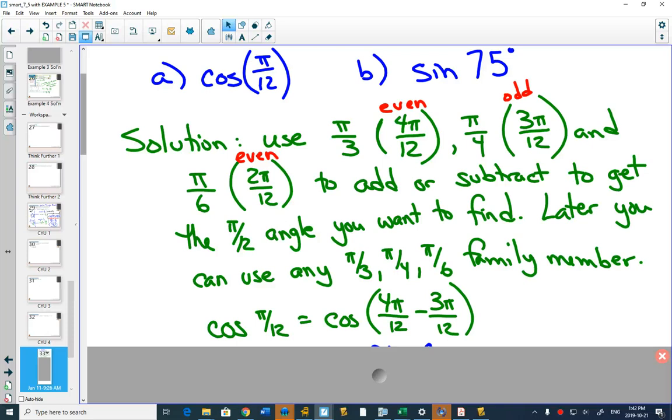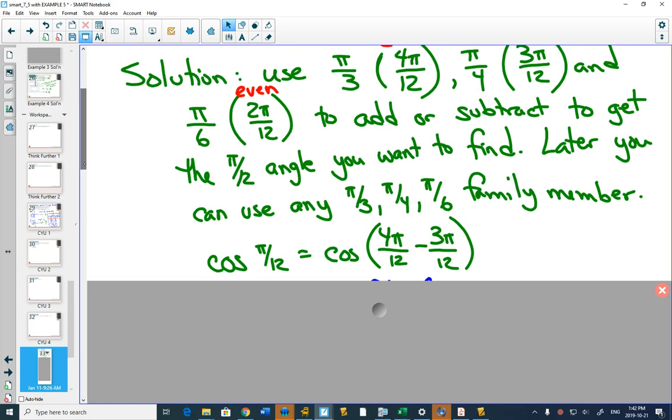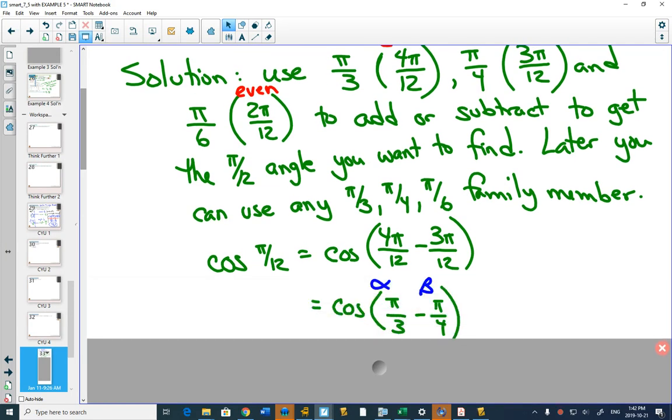Now, the reason this is helpful is because both of those, the 4 pi over 12 and the 3 pi over 12, reduce, of course, to pi over 3 and pi over 4. And if we're subtracting, this can be our alpha and this can be our beta. And we have a cos alpha minus beta formula.